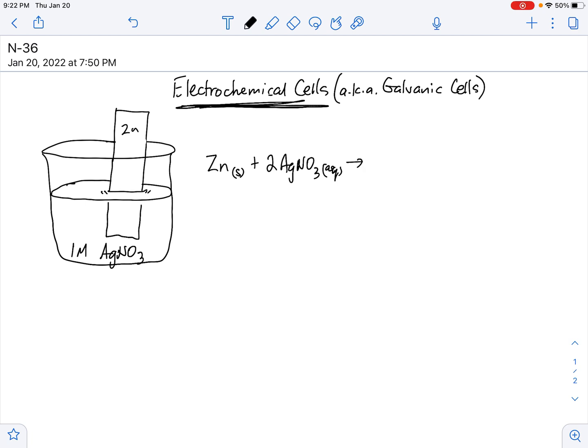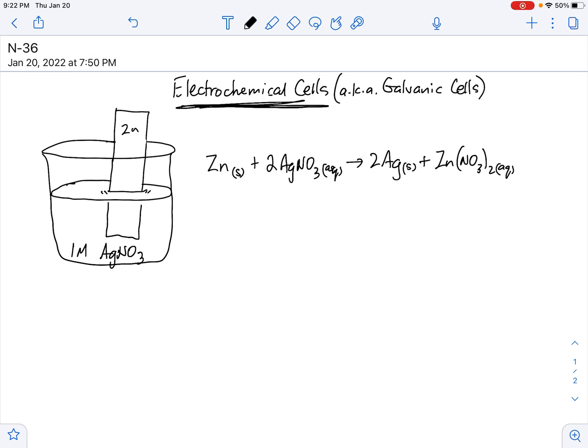And you will make some solid silver and some zinc nitrate solution. Now, in that reaction the zinc is going to oxidize and the silver is going to reduce, and the nitrate ions are spectators throughout, just there to balance the charge.